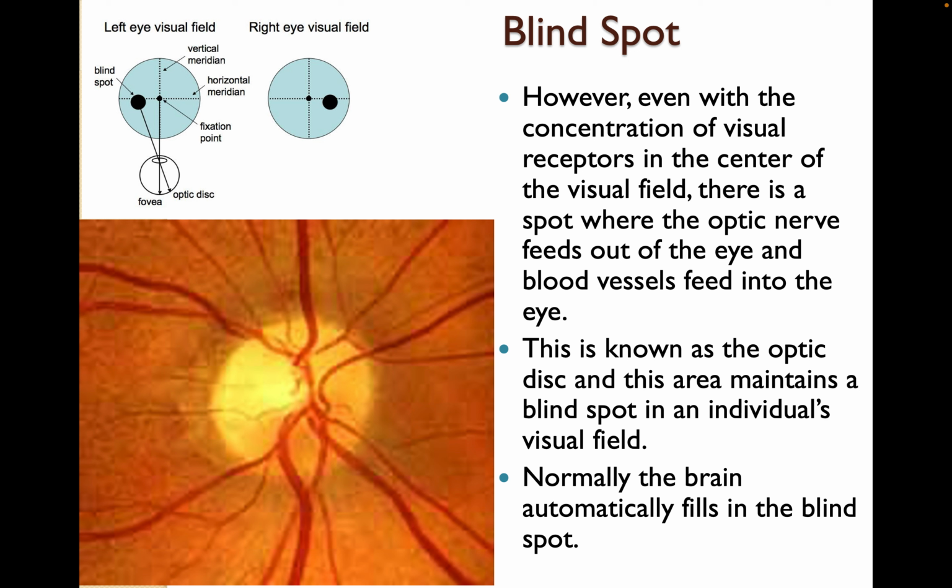If you move your finger across your visual field, at one point it just about goes away. Normally the brain automatically fills in the blind spot, but unless you have enough information to fill in that blind spot, it doesn't. And there are ways that you can see that. It's really kind of fascinating.